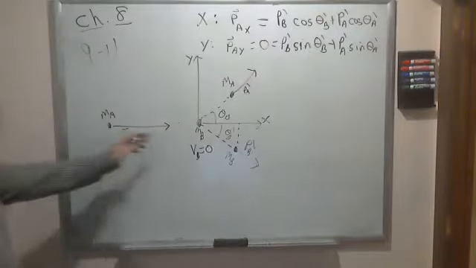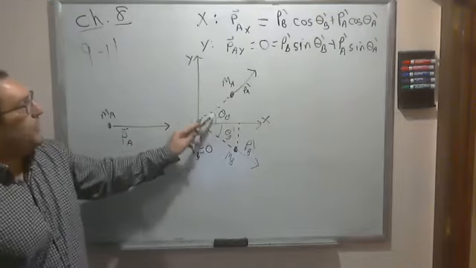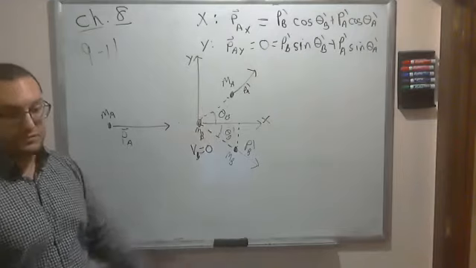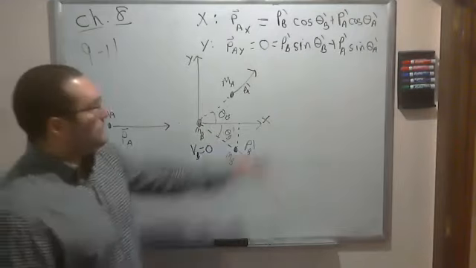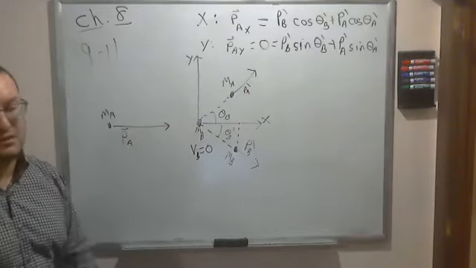So if these two masses are equal, what can you say about these angles? Anybody? Based on this equation, what can you say about these two angles if these masses are equal?